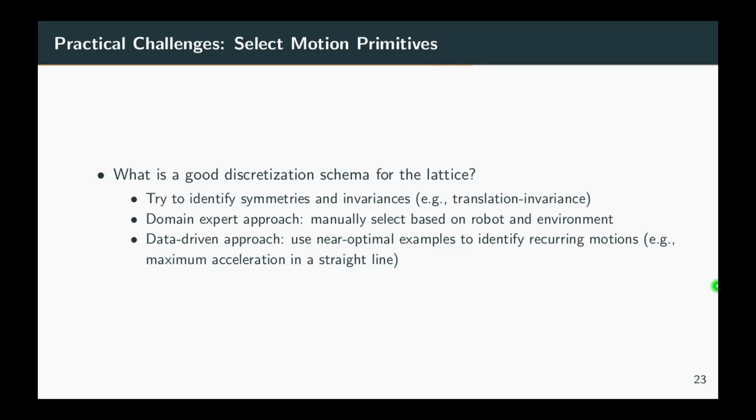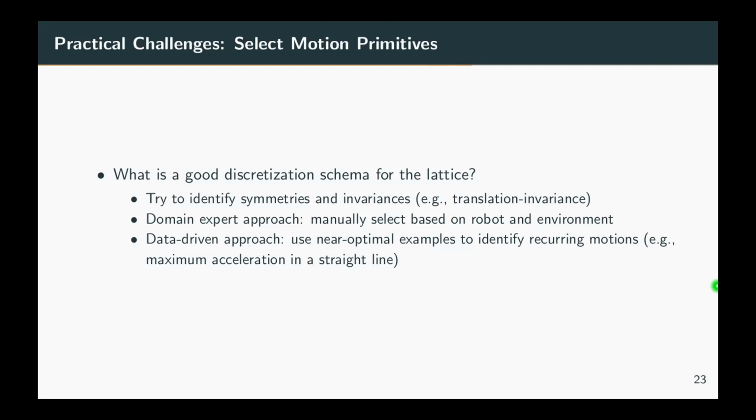Okay, and then the second big problem is, even if you're somehow able to compute these motion primitives, you have to decide what are good start and goal states, which typically comes down to what should be the discretization scheme for your lattice. And so often what you try to do is minimize your efforts, so you try to identify symmetries and invariances.